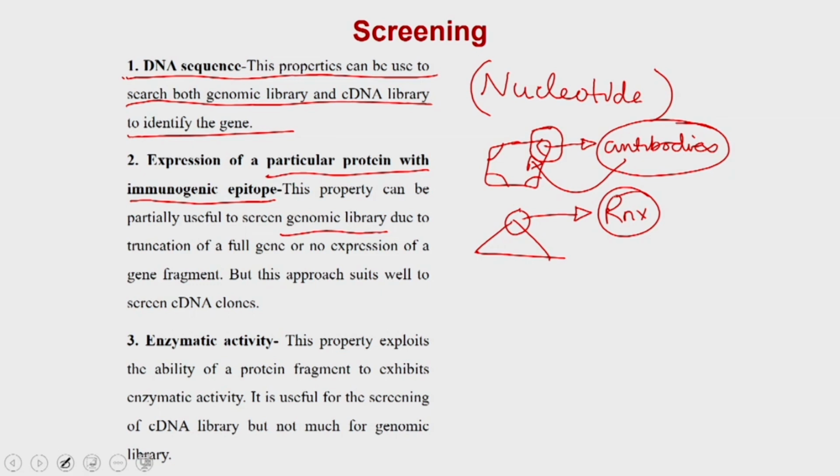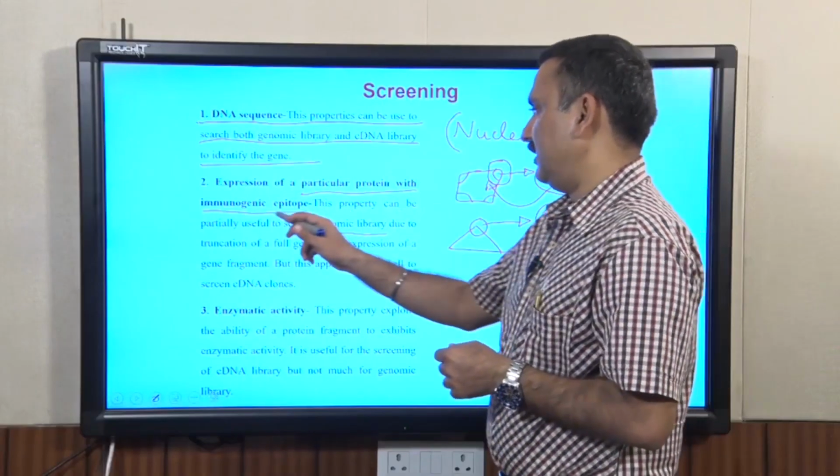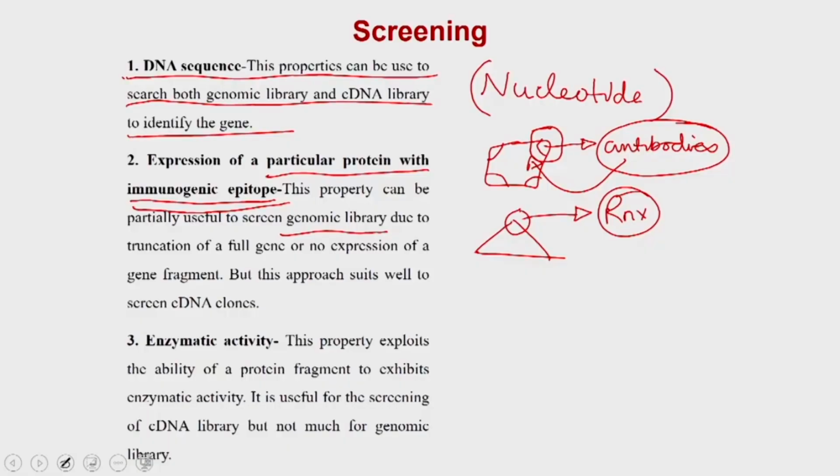So, at the end, what we have concluded is that we have three analytical tools: either the DNA sequences of the clone, or the antibodies which you can develop against the proteins present inside these clones, or the enzymatic activity which will come from the enzyme present inside the clones.